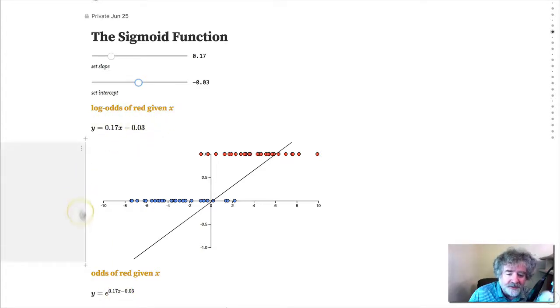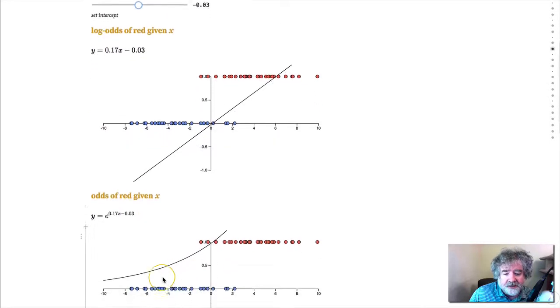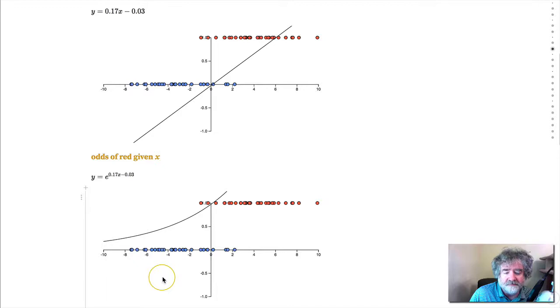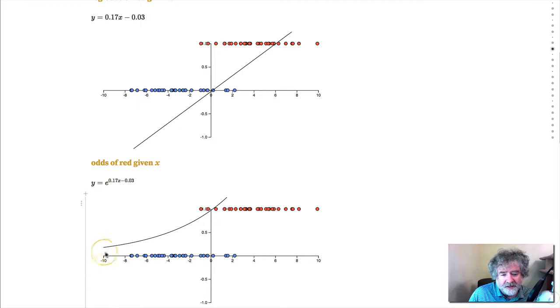If you want to go in the opposite direction, then you use the exponential function here. So if this is the log odds, then e to that would be the odds. And that makes sense because we know that odds go off to infinity quite quickly, and it's close to 0 right down here.